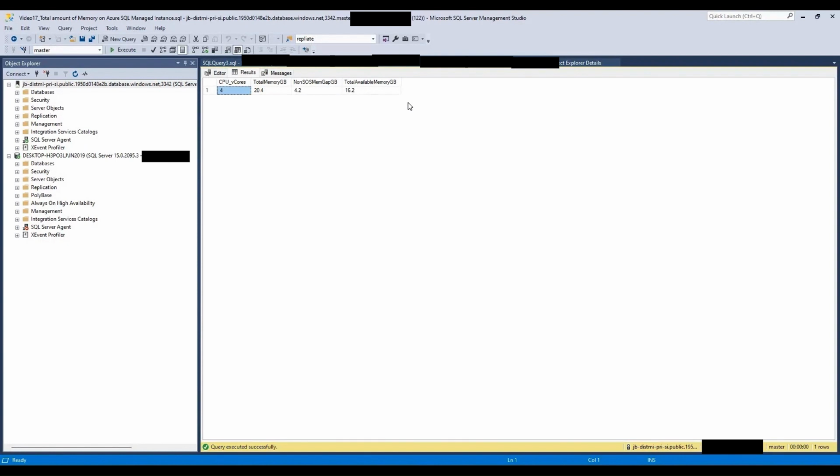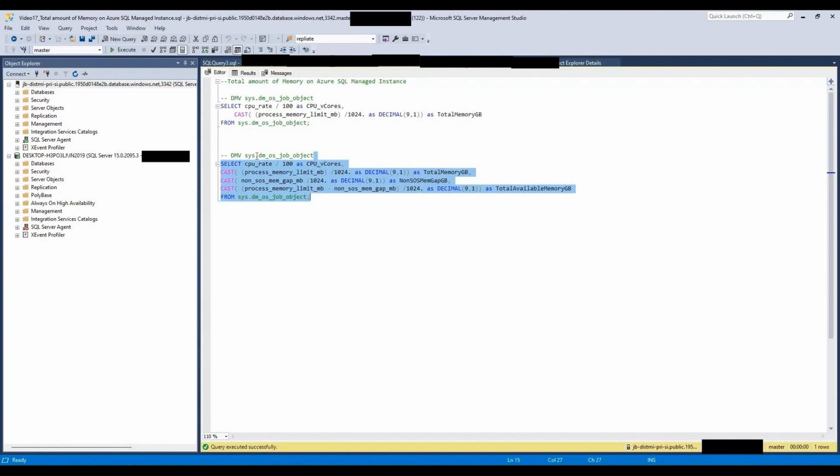The only way to understand how much memory is allocated to your Azure SQL Managed Instance is by doing some rough calculations. While you're doing these rough calculations, it is always good to incorporate these queries, which will give you the information. The problem is that you will not be able to see this value anywhere in the Azure portal.